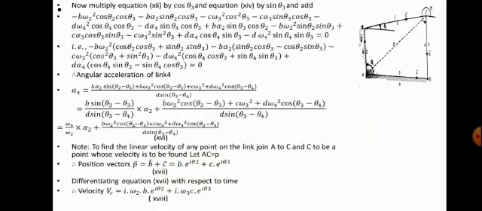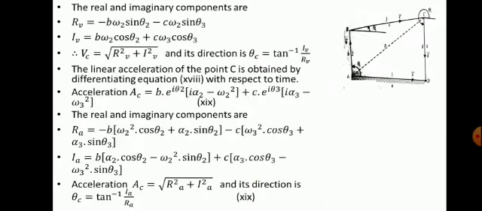Equation 18: Vc is equal to i omega 2 B e^(i theta 2) plus i omega 3 C e^(i theta 3). If we differentiate it with respect to time, the linear acceleration of the point C can be calculated.